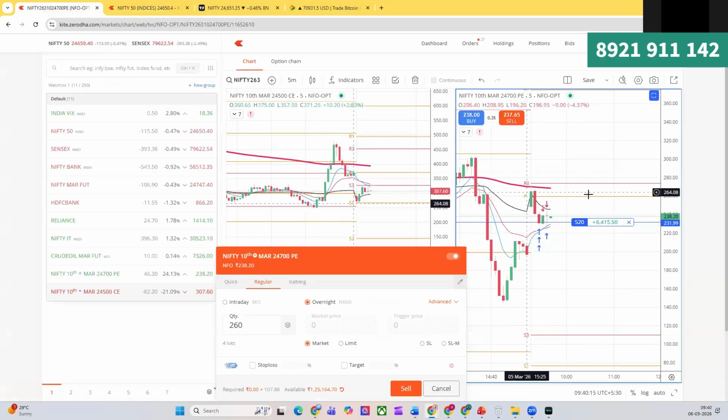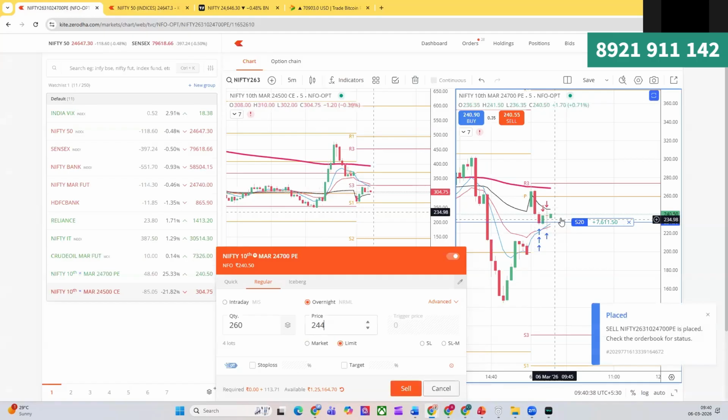Two times it came to 243, no? Yes, come on now. VWAP is at 244, so I'm giving it 244.